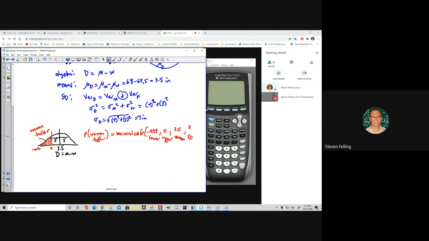And so we would do that in a calculator with normal CDF. So let's get back to the command line. Normal CDF from negative infinity to 0 on a normal distribution that's centered at 3.5 with a standard deviation of 5.